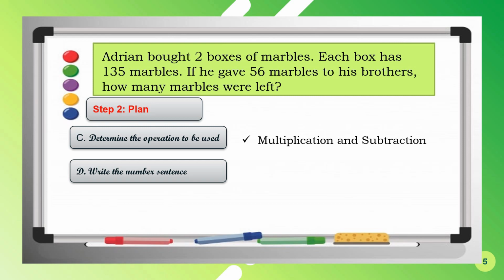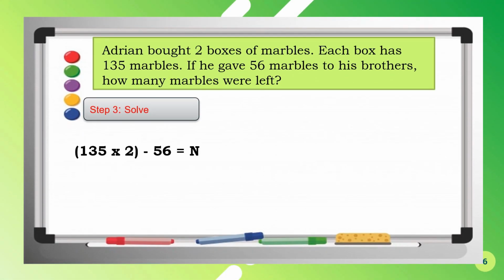To write the number sentence, we need to look for the total number of marbles and then subtract the marbles that were given to Adrian's brother. So we have (135 × 2) − 56 = n, where n stands for the total number of marbles left to Adrian.